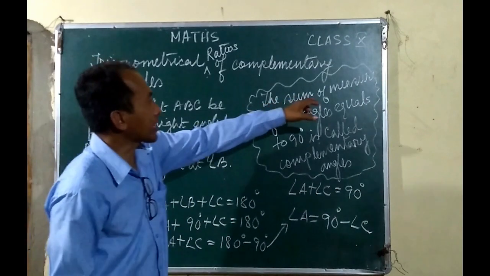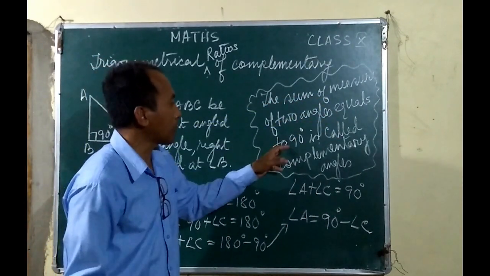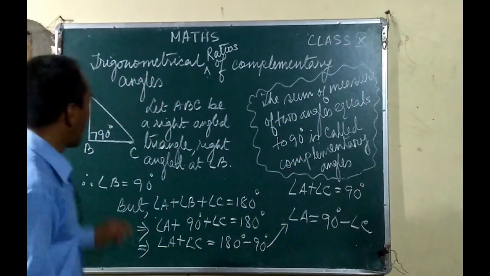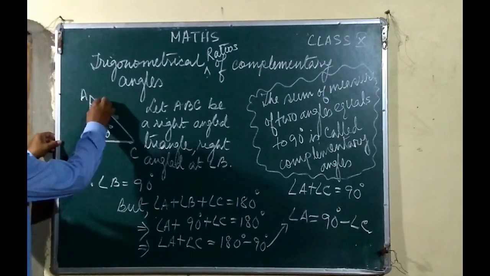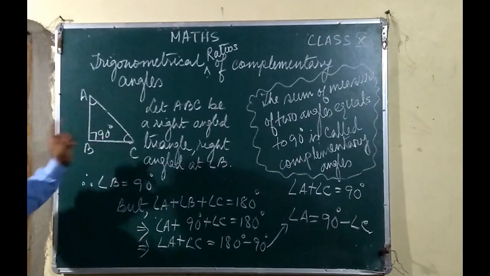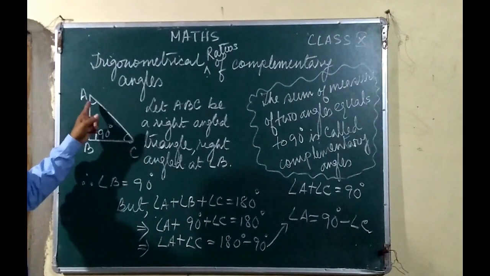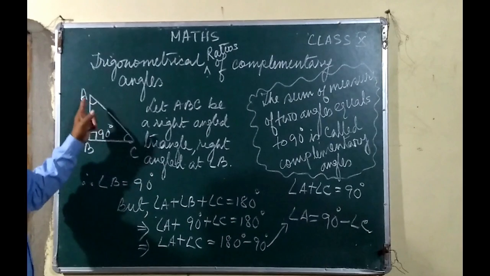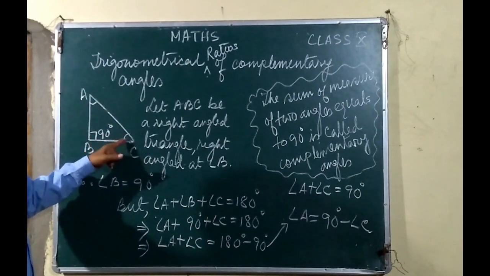So we come to know that the sum of the measure of two angles equal to 90 degrees is called complementary angles. So angle A and angle C are complementary to each other.